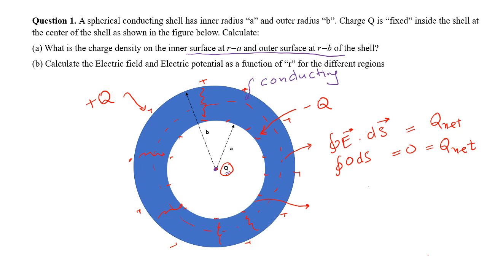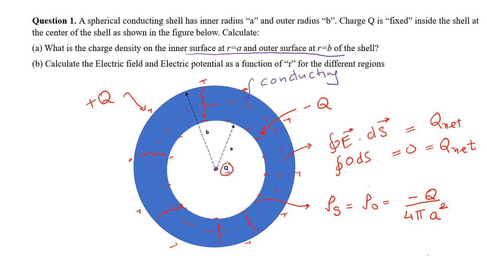So everywhere I should have the same charge density because the problem looks the same to me from every single point on the surface, and thus the charge density should be uniform on the surface, and this minus q charge should be uniformly distributed over the surface area 4 pi a square.